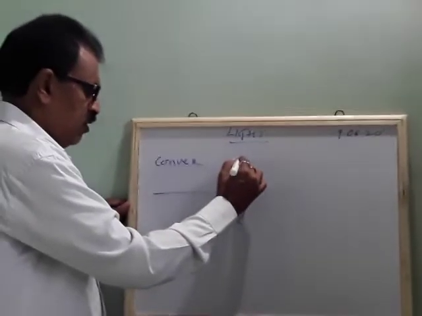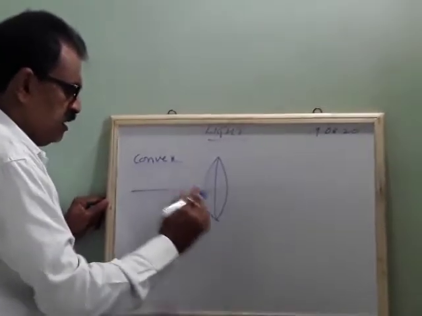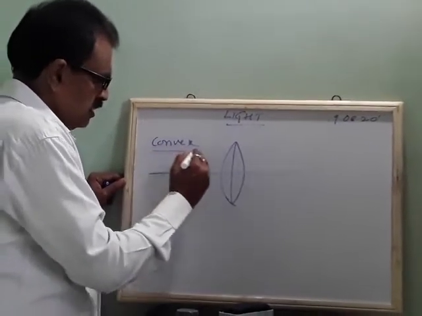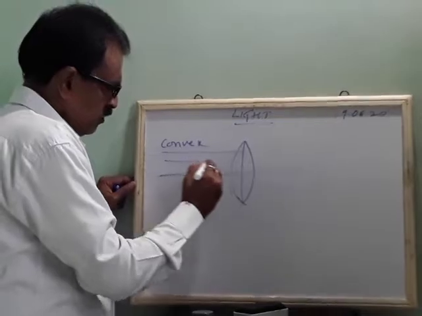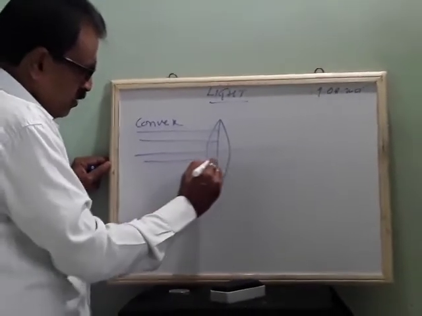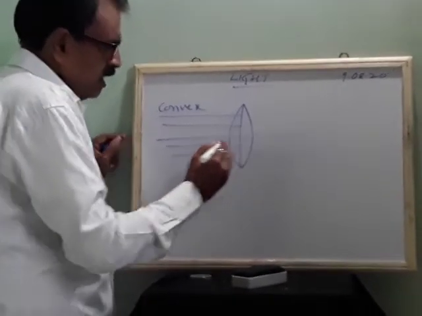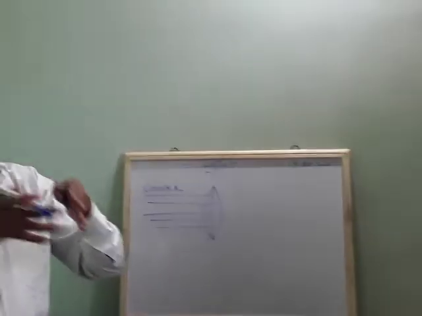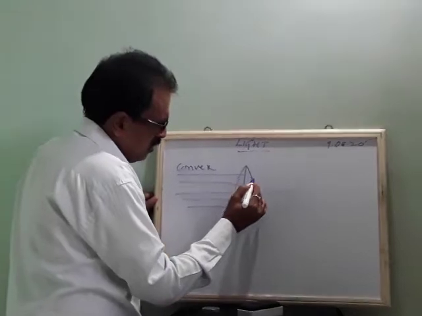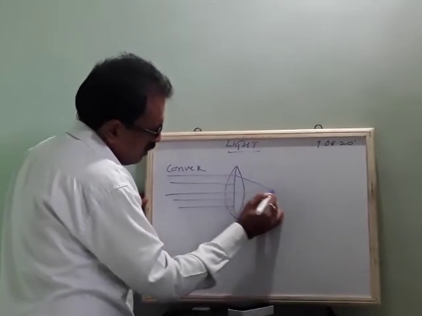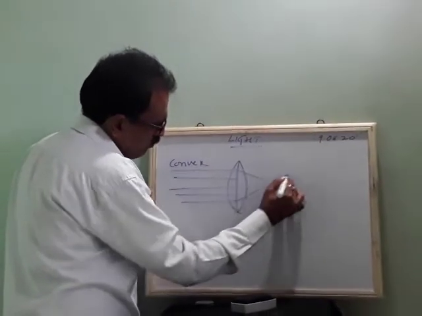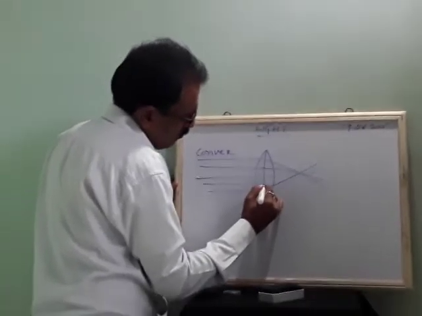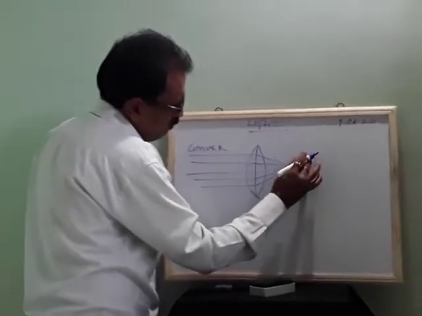When you pass light on this mirror, these rays will come from here, these rays from here, these rays from here. What happens? All the rays concentrate, means converge. They converge and meet at a point. This is the point where the image is formed.